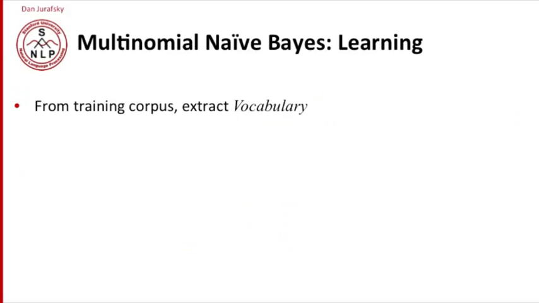So let's look at the final multinomial naive Bayes learning algorithm. From the training corpus, we first extract a vocabulary, and we calculate, as we've shown you on the previous slide, the prior probability for each of the classes.